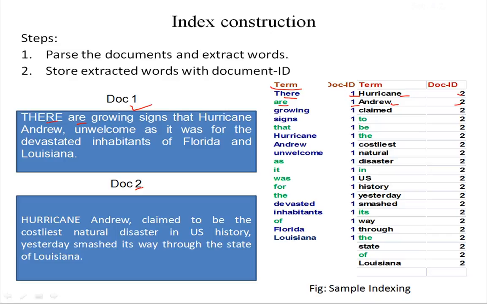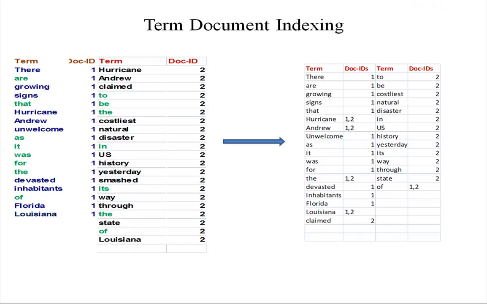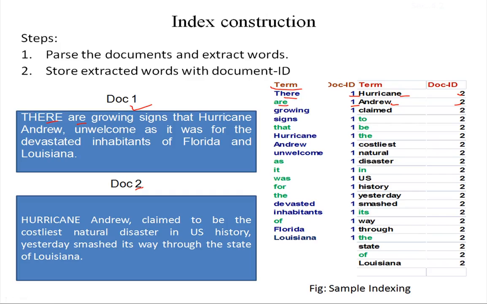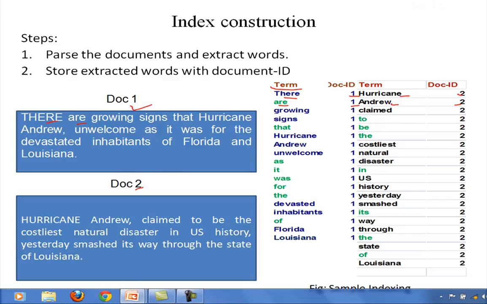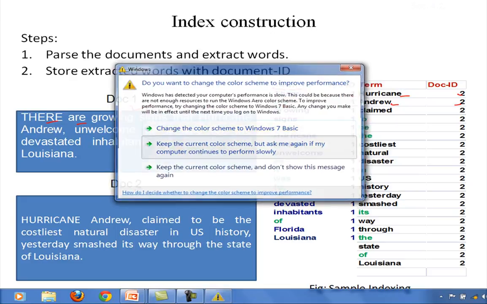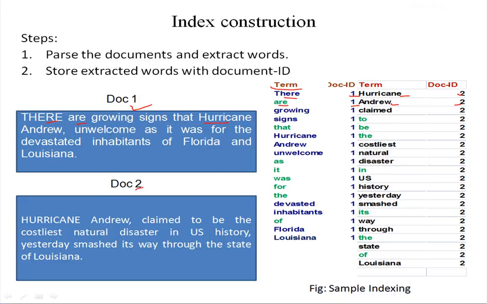Now the next part will be term document indexing. In this indexing, we can easily find that some terms are common in both documents, like hurricane and Drew, both are common.